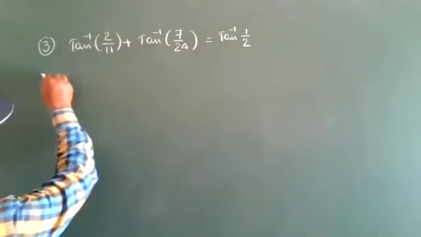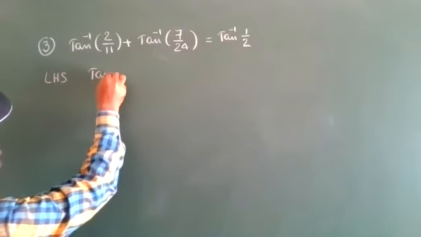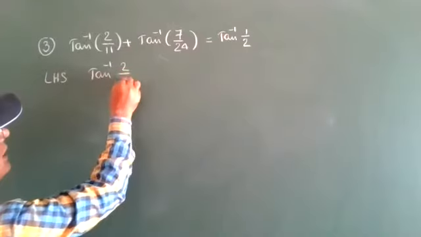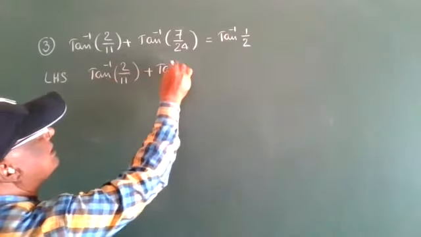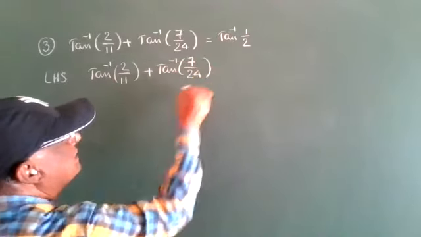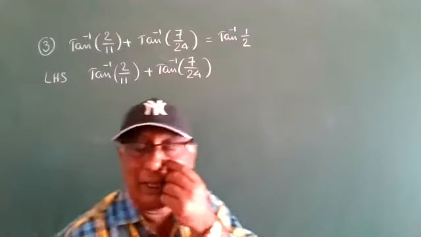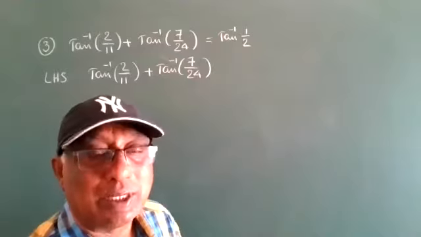So what is the left-hand side? Tan inverse of 2 by 11 plus tan inverse of 7 by 24. Is it clear? Now, what is the formula I am going to use here?